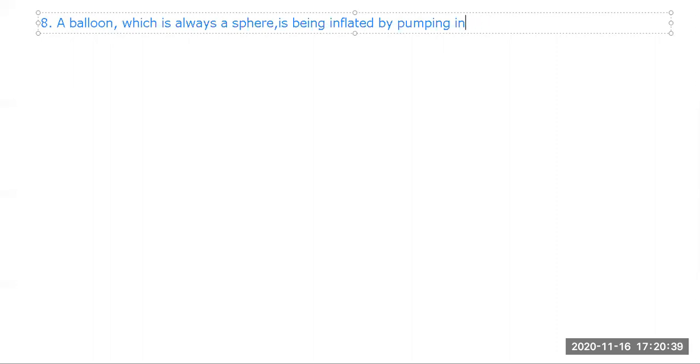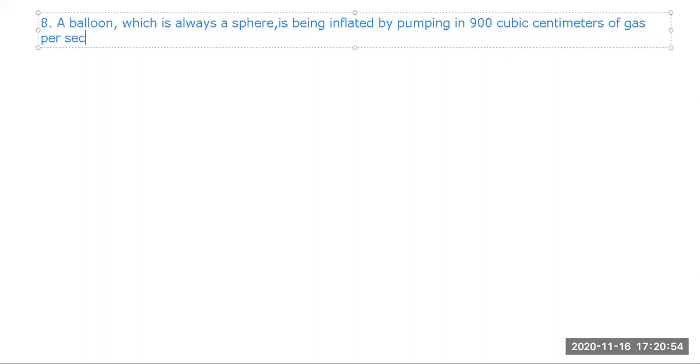Okay, so pumping in 900 cubic centimeters of gas per second. Find the rate at which the radius of the balloon increases.